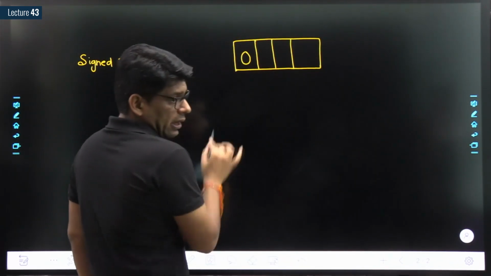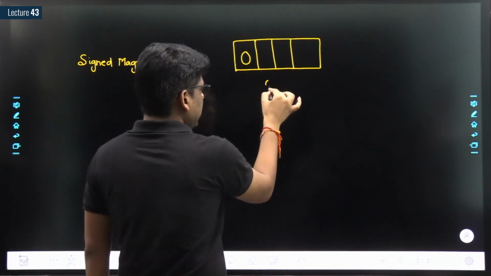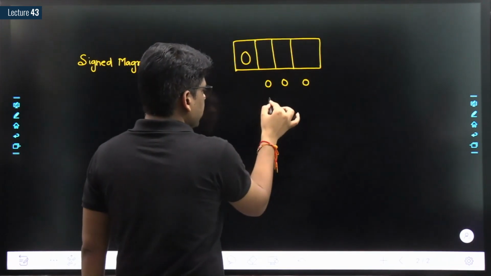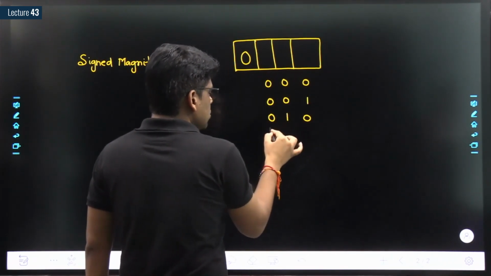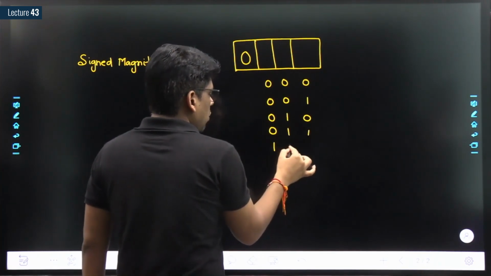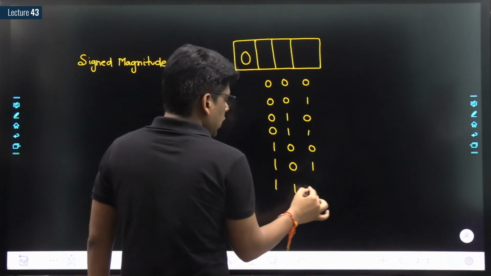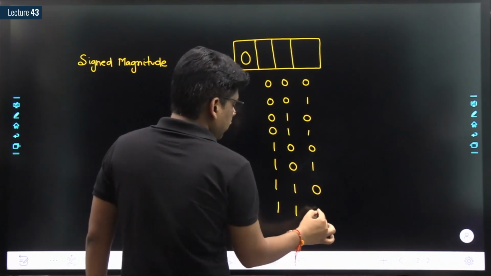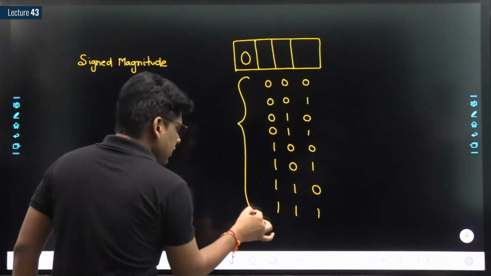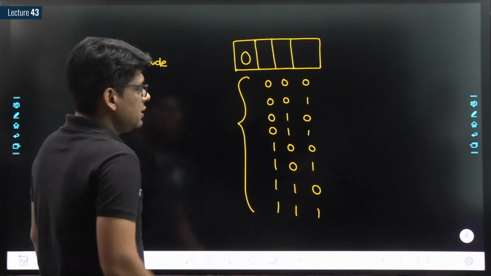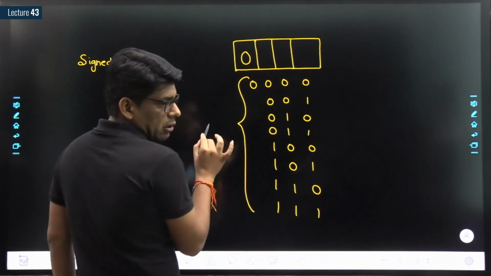If it is 0, the possible values in the remaining places are 000, 001, 010, 011, 100, 101, 110 and 111. These are the positive values we can store, where the first bit is the sign bit.